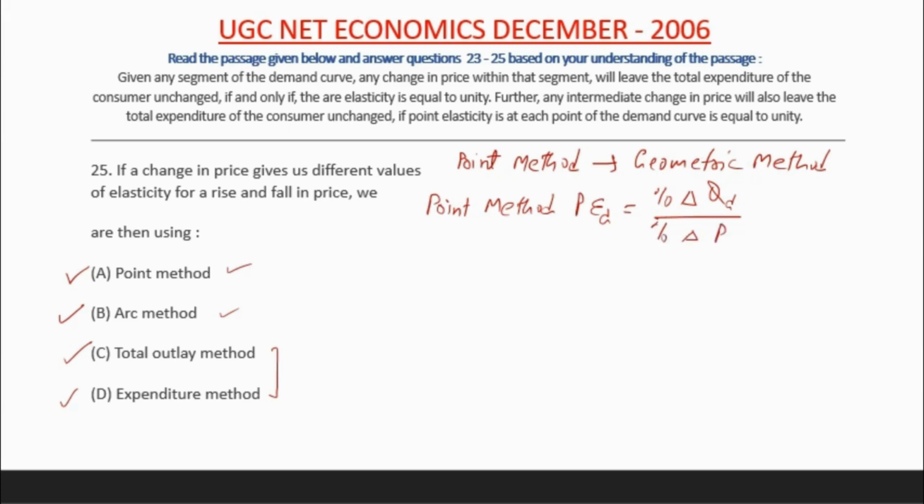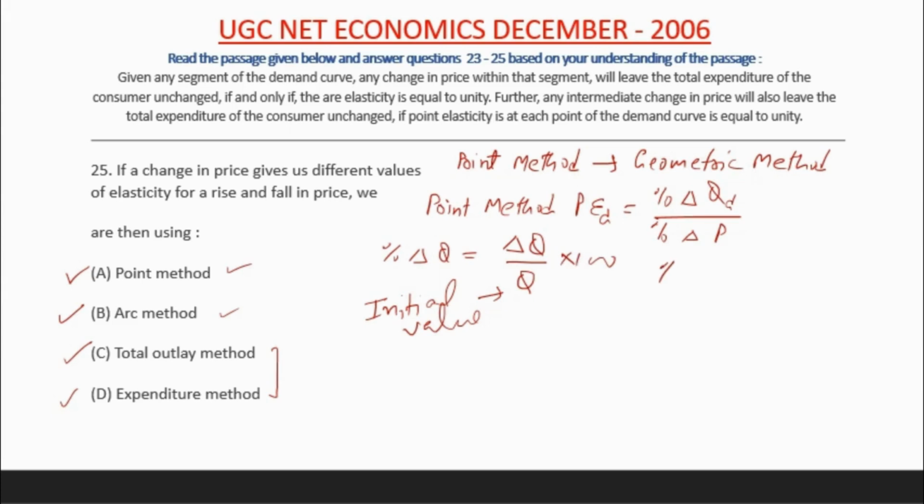And again, how do we find out percentage change? Percentage change in quantity: we take the change in quantity, this is the absolute change, upon the initial value. This Q is basically the initial value of Q, multiplied by 100.